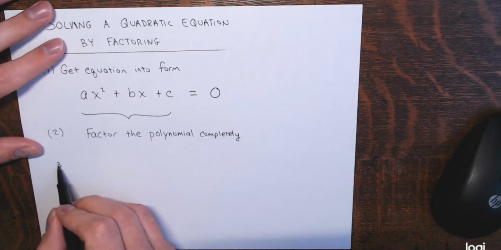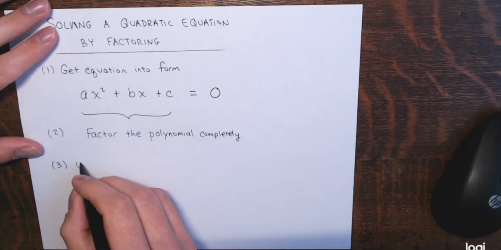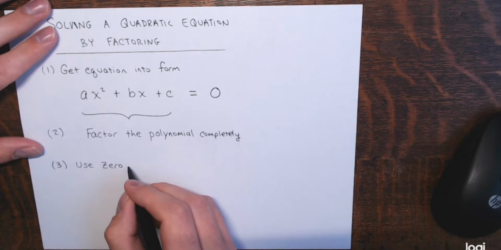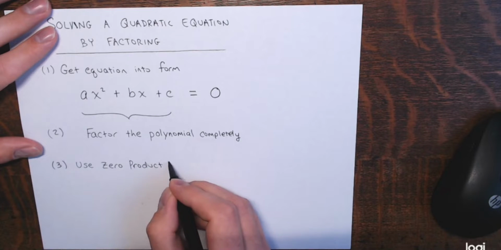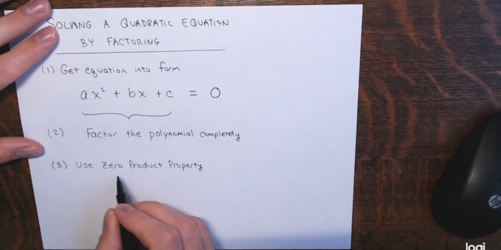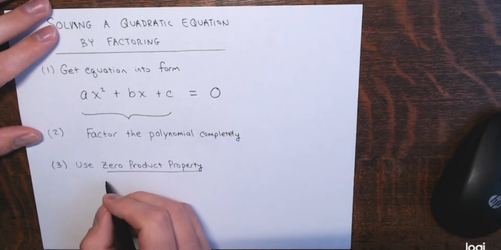Alright, so once you factor the polynomial, then you're going to use what's called the zero product property. The zero product property. And the zero product property states the following.